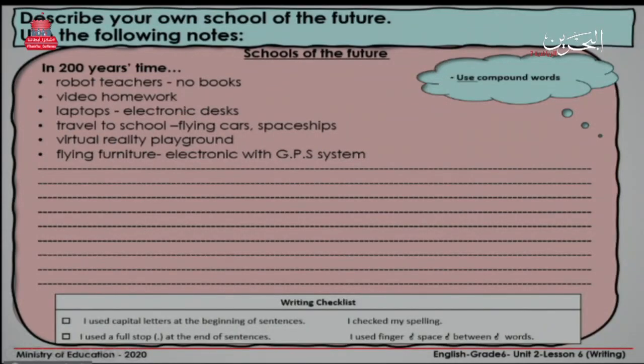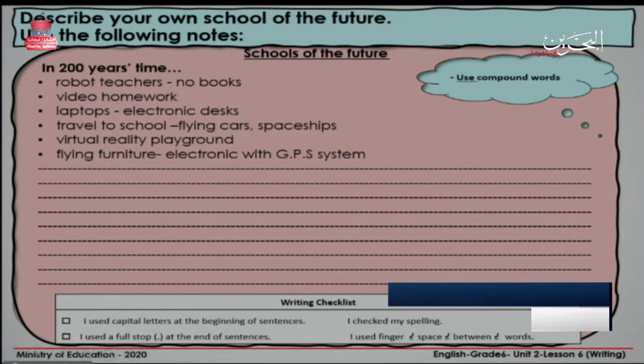For this task, you need a pen and a paper, or a marker and a mini board so that you can write. Let's read the question together. Describe your own school of the future. Use the following notes. Schools of the future. In 200 years' time.